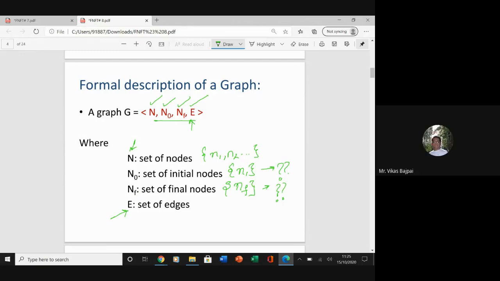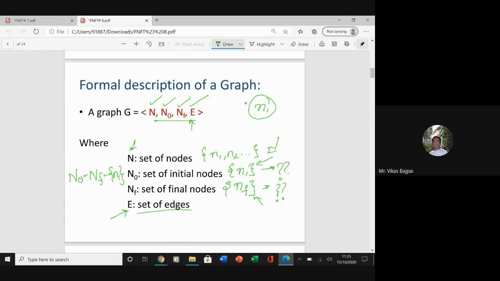Yes, very correct, Aditi. So if suppose there isn't any graph, a null graph, then definitely this is going to have a null set. Or else, if suppose I have a single node, in that case both N0 is equal to NF, which is equal to N1. That's how I get a singleton set. And then E is the set of edges.